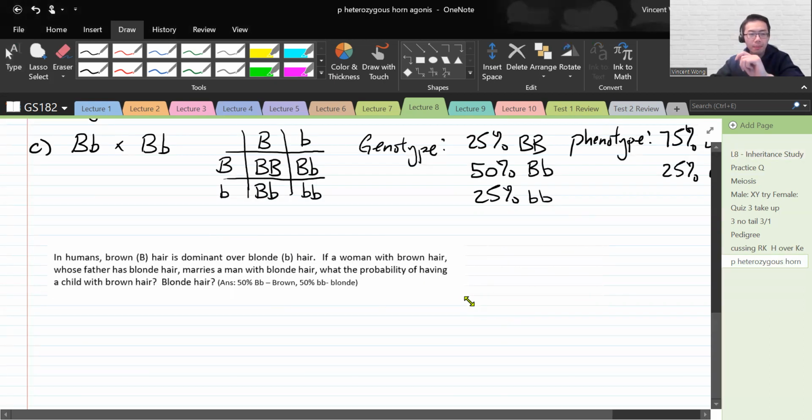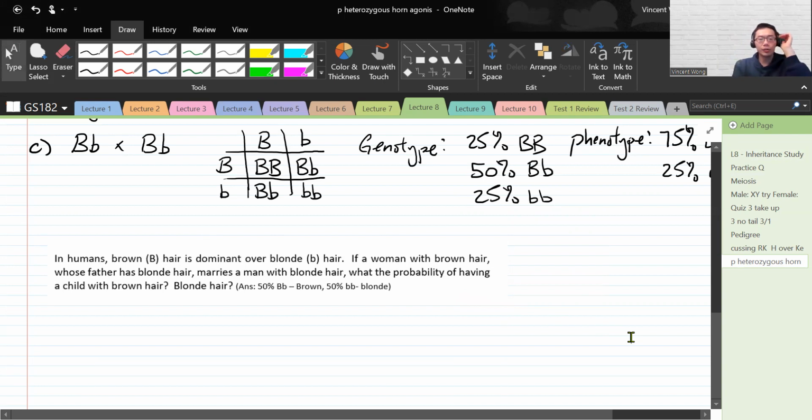In humans, brown hair is dominant over blonde hair. If a woman with brown hair whose father has blonde hair marries a man with blonde hair, what is the probability of having a child with brown hair? So it's a little bit complicated.